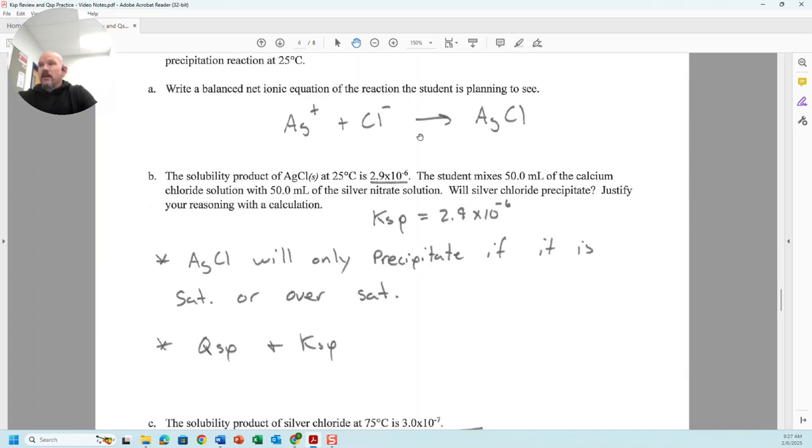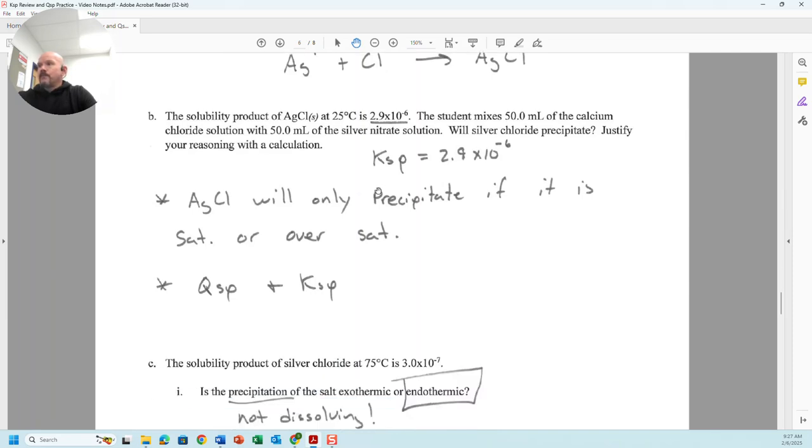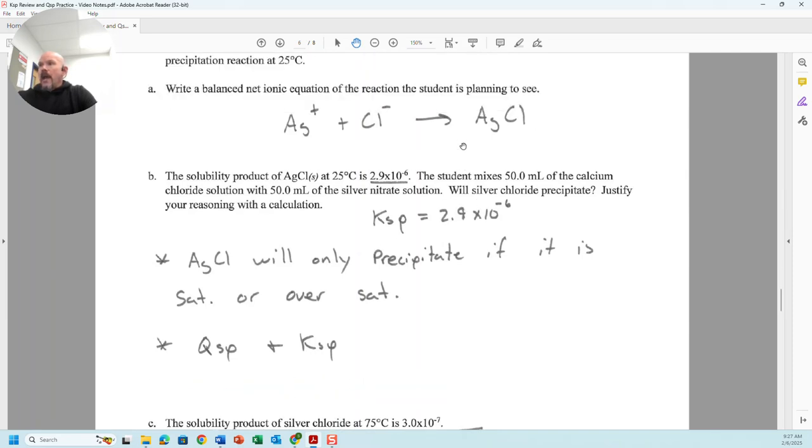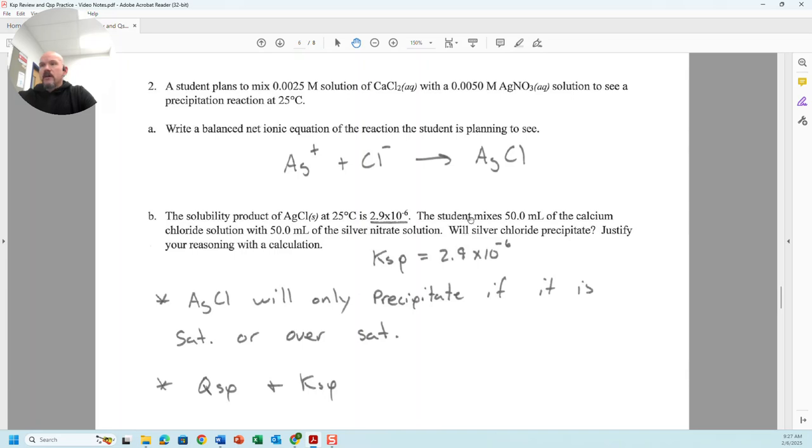So they give us the Ksp, but understand the Ksp is the equilibrium constant for the reverse reaction that we wrote up here, okay? So we know the Ksp, and now we're given what volumes of solutions we mix. We have the molarities up here.